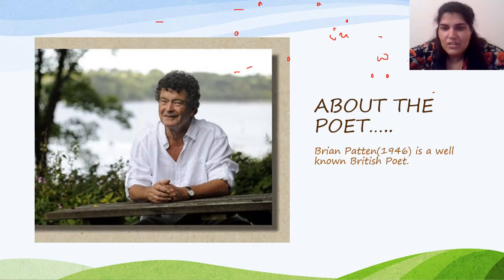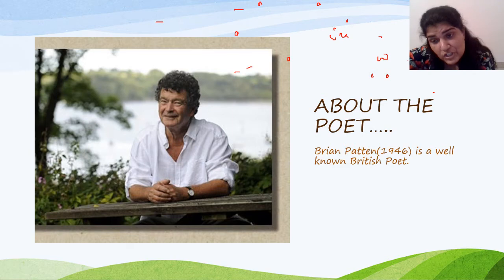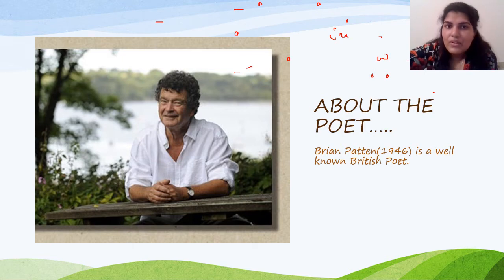Brian Patten was born in 1946 and he was a Britisher. Who are Britishers? Who stays in the United Kingdom or England, right? People from England are called Britishers. So they are the natives or the people from where this language emerged, originated.